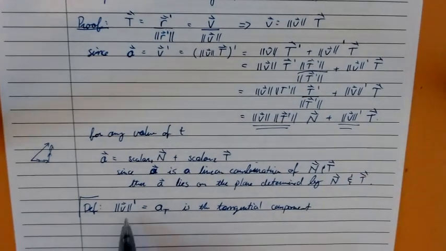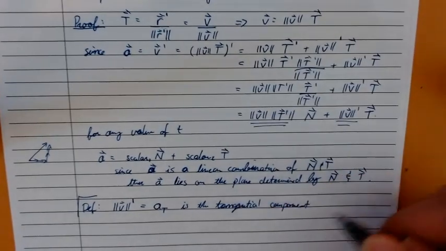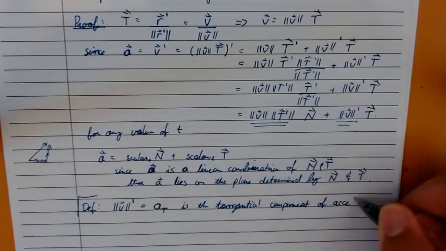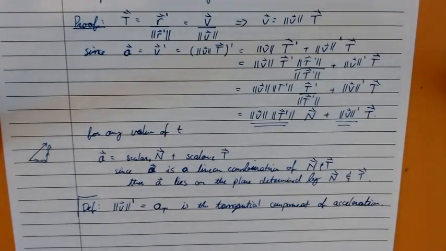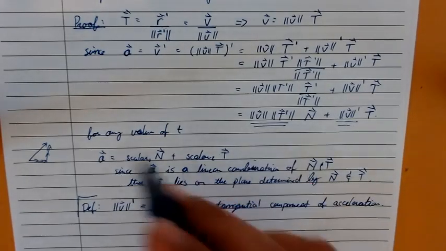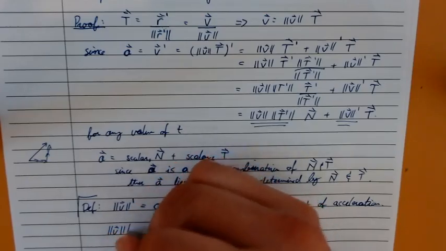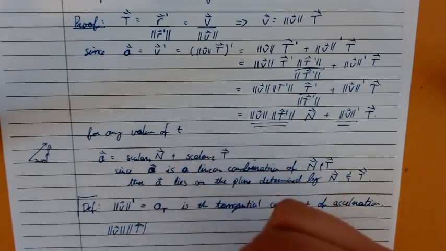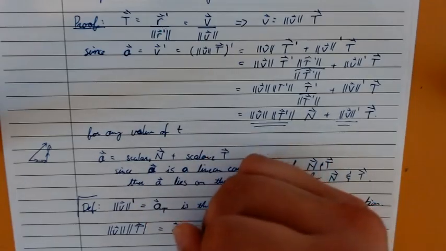In other words, it's the part of acceleration that's going toward the unit tangent vector. This is the tangential component of acceleration. On the other hand, this other part, the magnitude of v times the magnitude of T prime, is going to be denoted by a sub n.